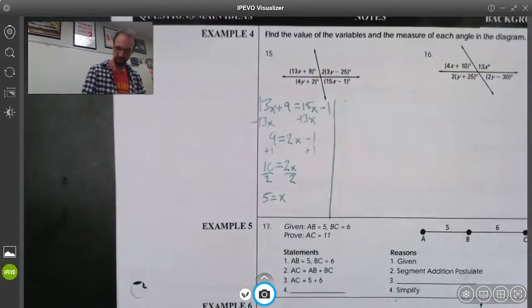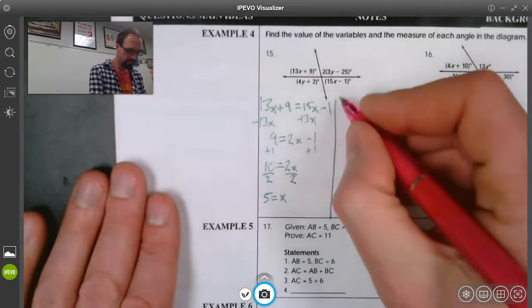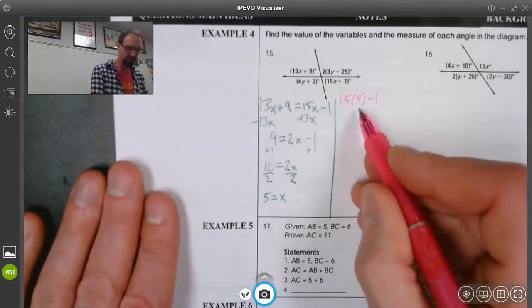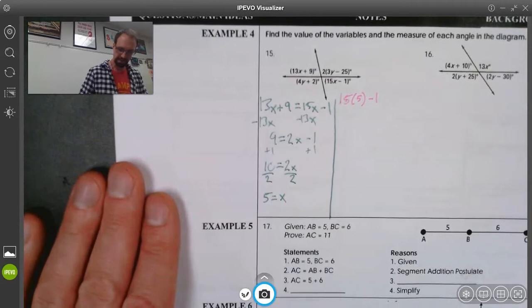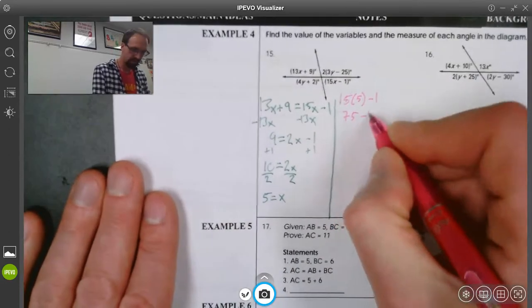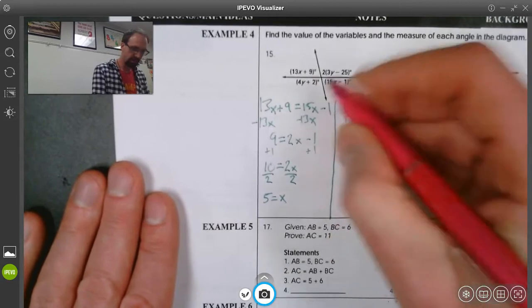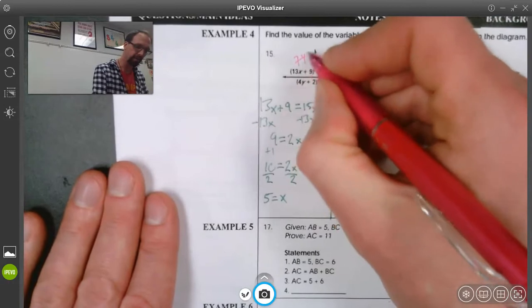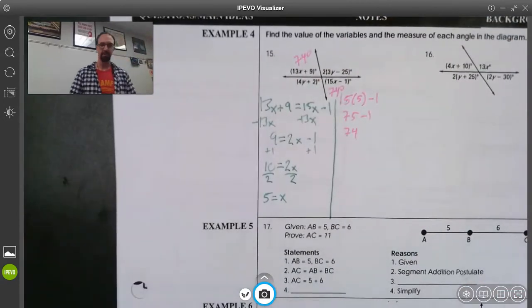That way you can see these here. So 15 times 5 minus 1. 15 times 5, 75, I think. Yes. 75 minus 1, 74. So I know that this is 74 degrees, and because vertical angles are congruent, that's also 74 degrees.